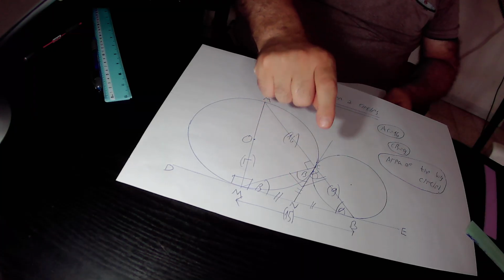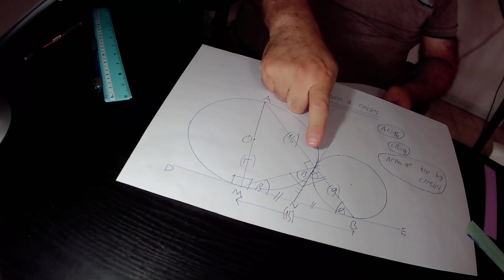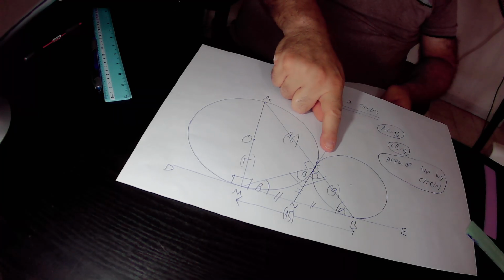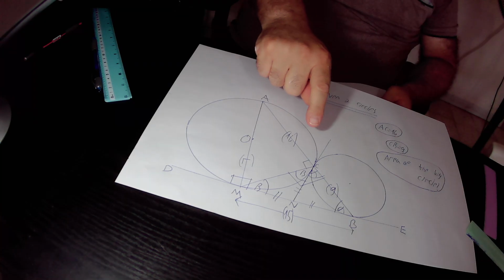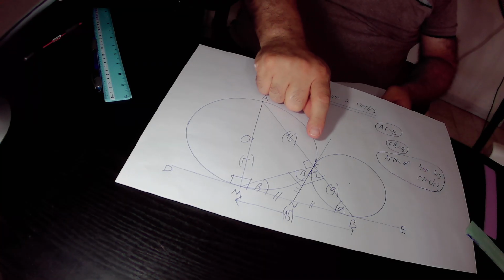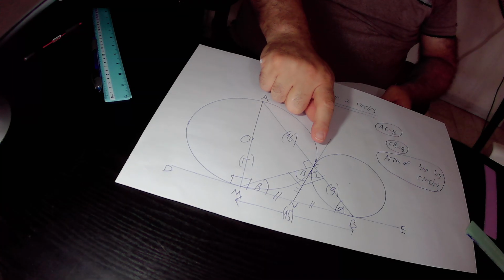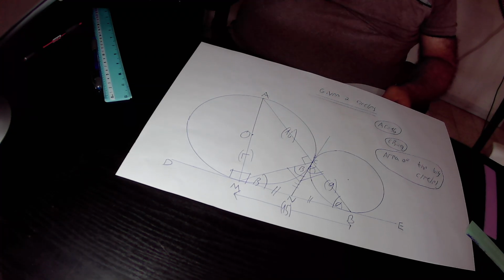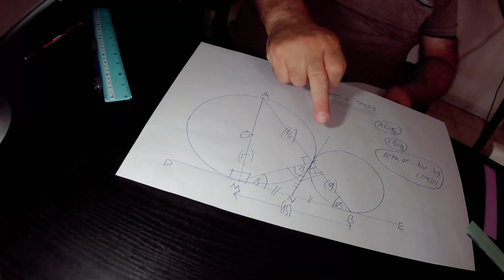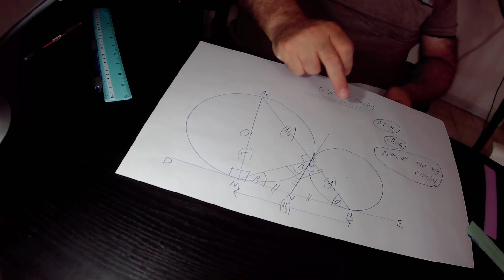This point is point N. Again, CN is a common tangent that belongs to both circles. CN is tangent to the small circle, and CN also is tangent to the big circle. The point of tangency in both cases is point C. So CN is a common tangent that belongs to both circles.